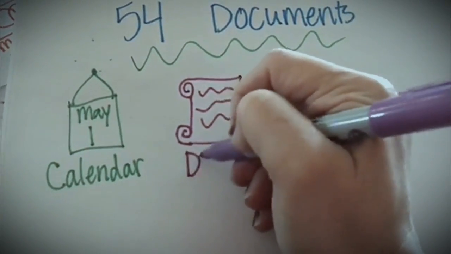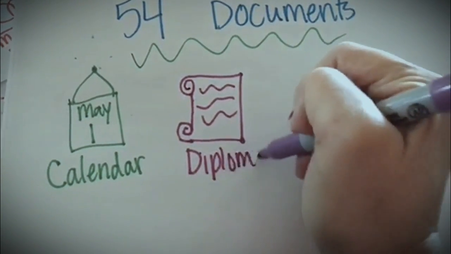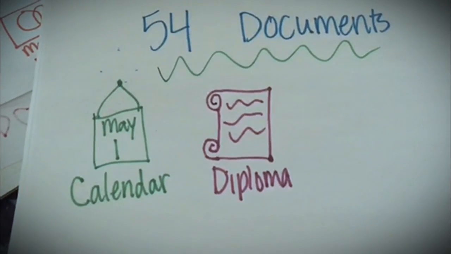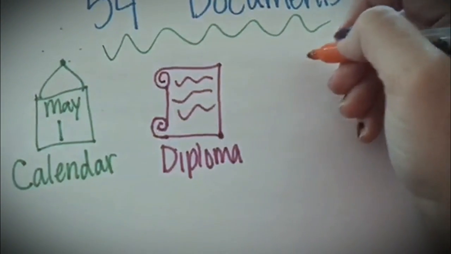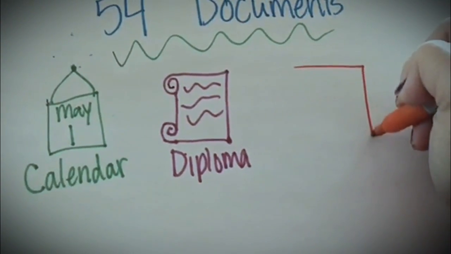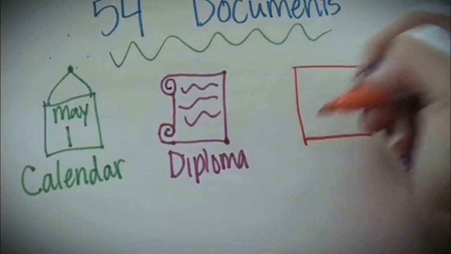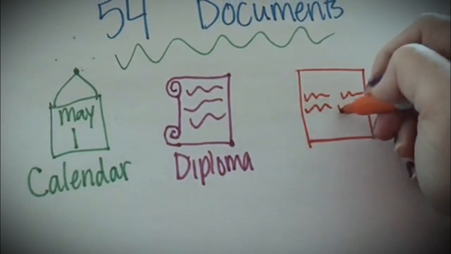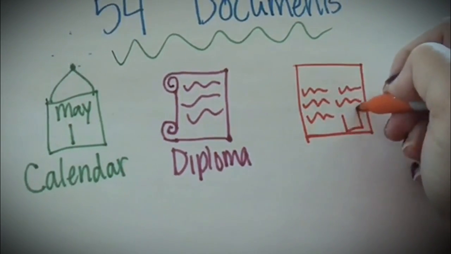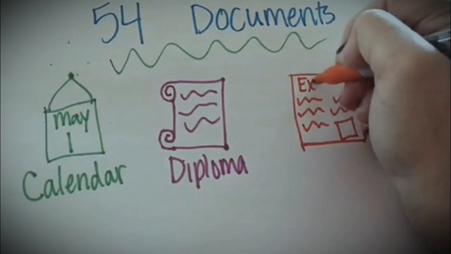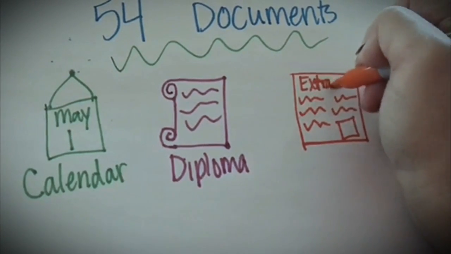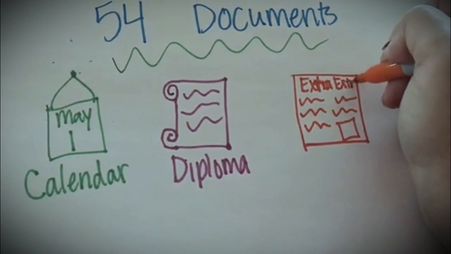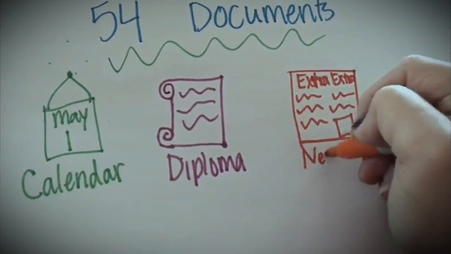The second example is a diploma. Something that was utilized every single day by most colonials was the newspaper.